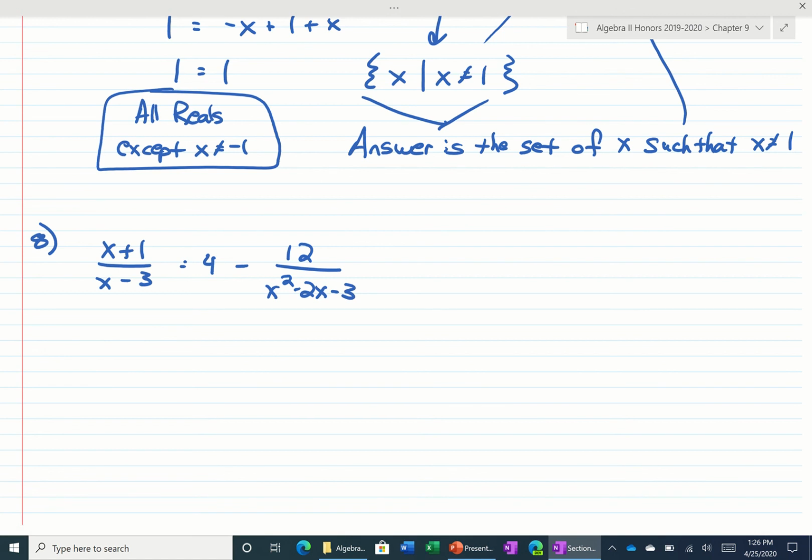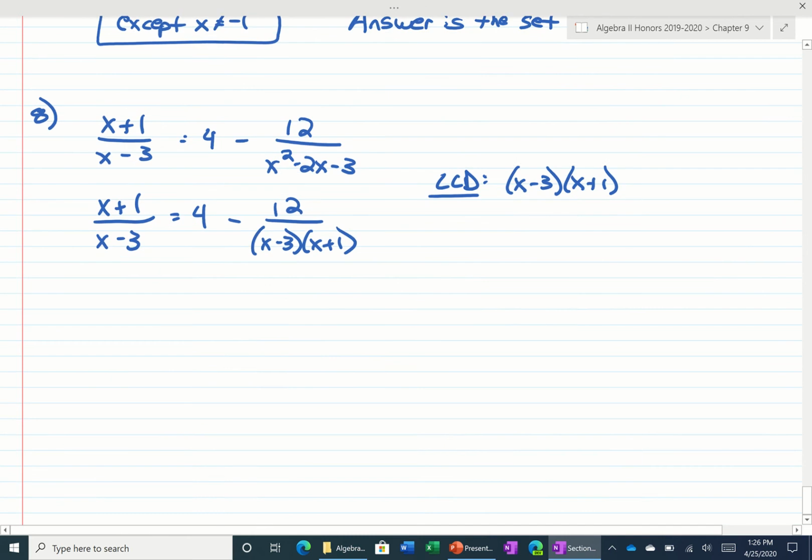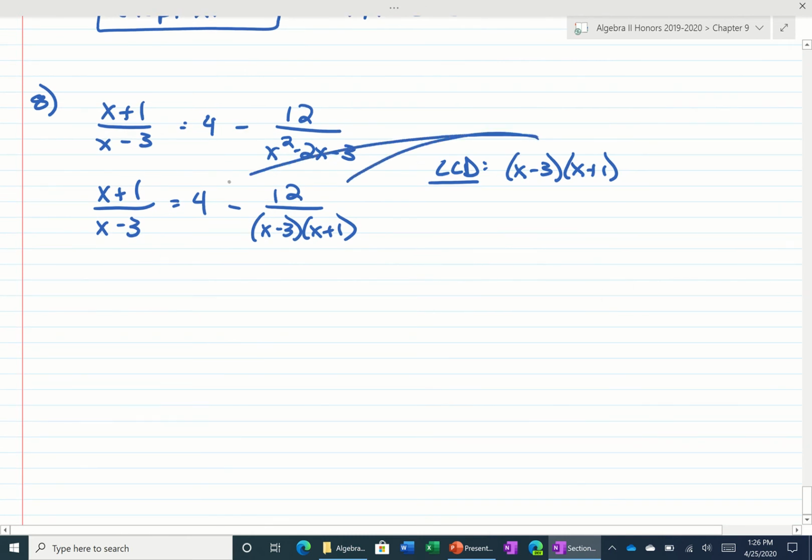And to get started, we should factor. And the LCD would be x minus 3 times x plus 1. And if we multiply everything by that, let's see what we get.